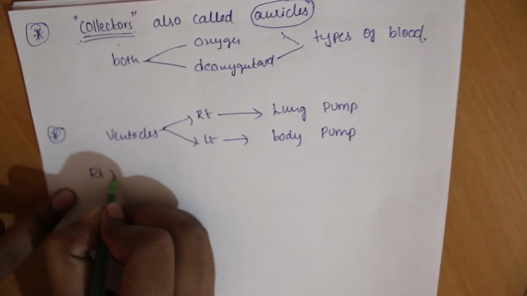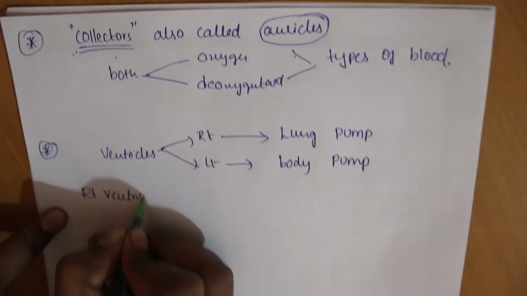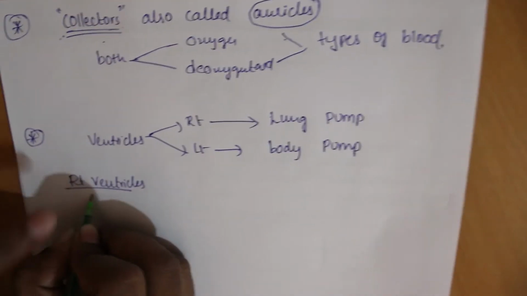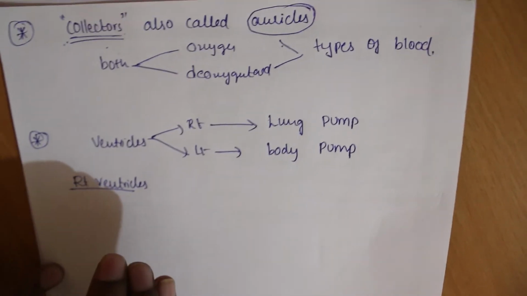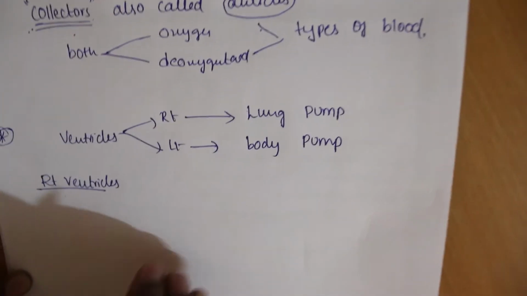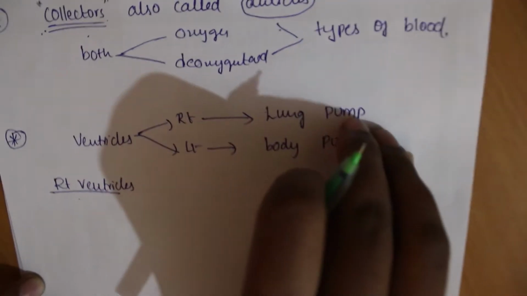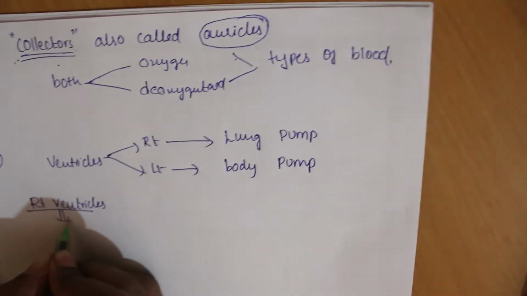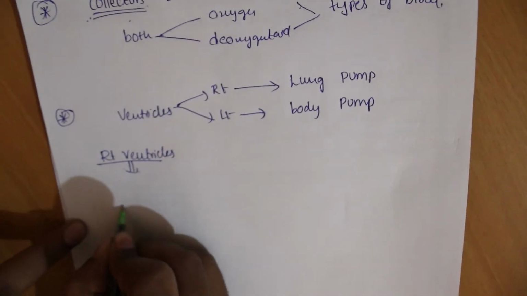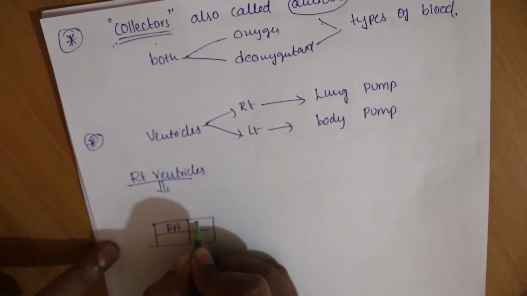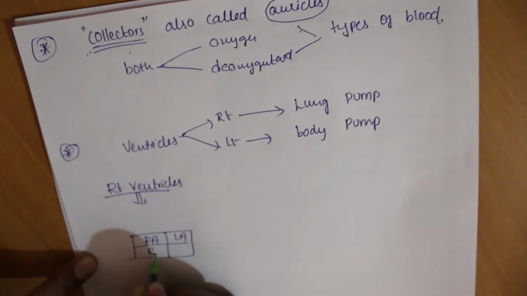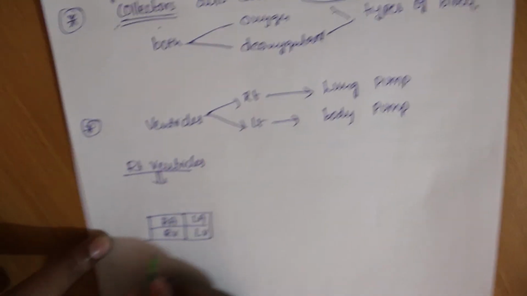The right ventricle: why is it called that? As it pumps the deoxygenated blood to the lungs through the pulmonary artery, it is called the lung pump. Here I am showing that, roughly drawing the diagram: the right auricle, left auricle, right ventricle and the left ventricle.